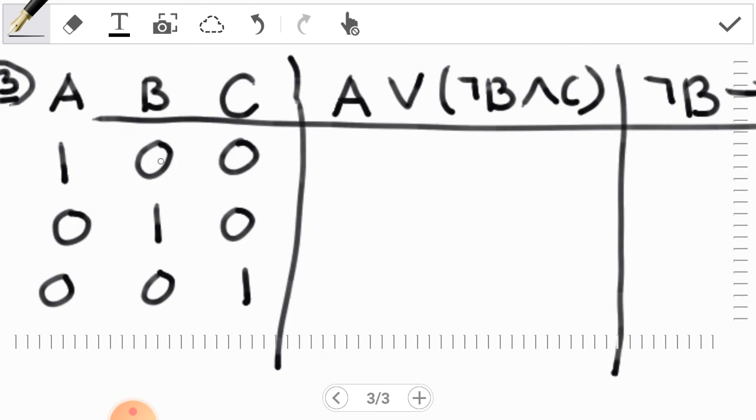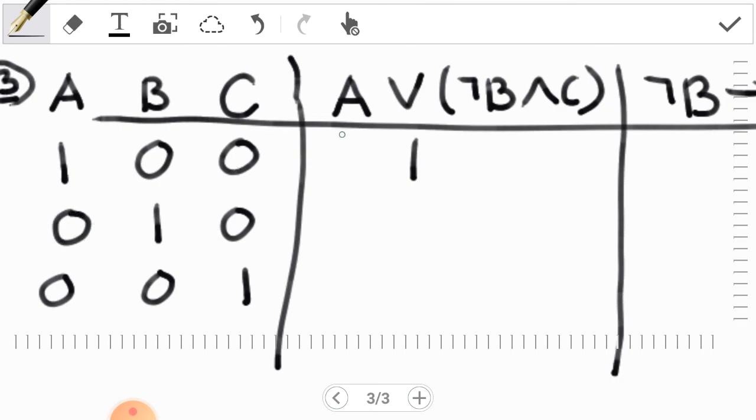And C, so this will be false, right? False, and then or A. But A is true, so this must be true. Next, not B will become false, and C is also false, so this must still be false.